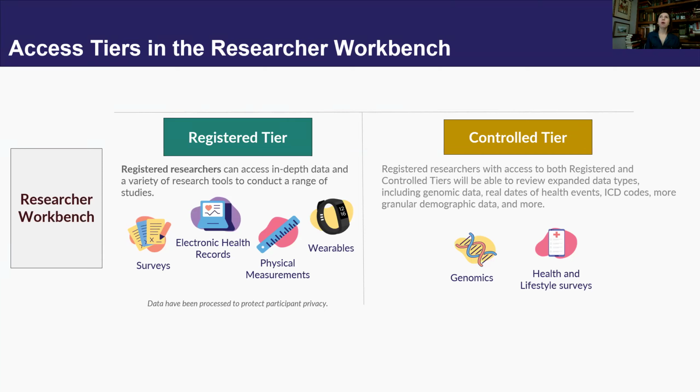The other thing to keep in mind about the platform that makes it unique is, though we are making available that participant level data, we're making it available in two separate curated data repositories, or what we refer to as CDRs. So researchers will be able to access the registered tier. All researchers who gain access to the Researcher Workbench immediately by default have access to this tier of data.